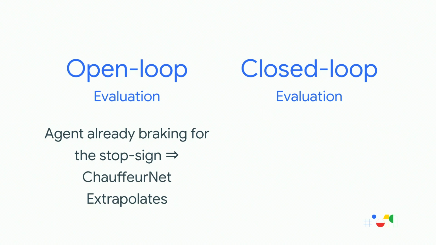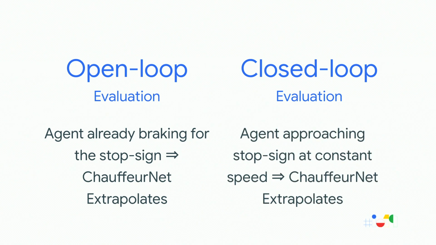It rather learns that if it just purely extrapolates from the data, it can come to a stop sign. Now if you apply the same analogy to the closed loop setting, we find that in most closed loop examples, our agent is actually approaching the stop sign at a constant speed. Because of that, the net again extrapolates, continues driving at constant speeds, and just runs off the stop sign.